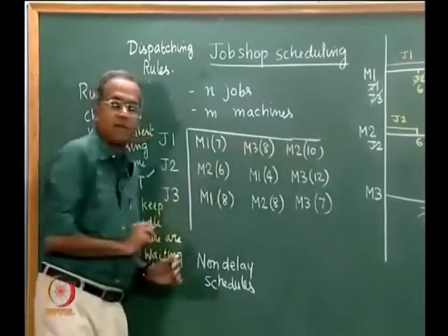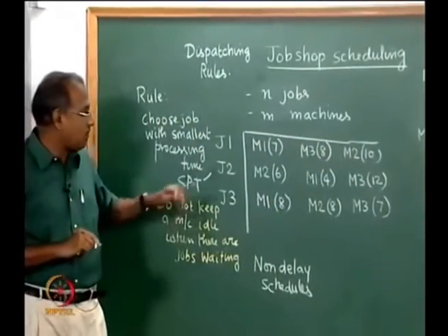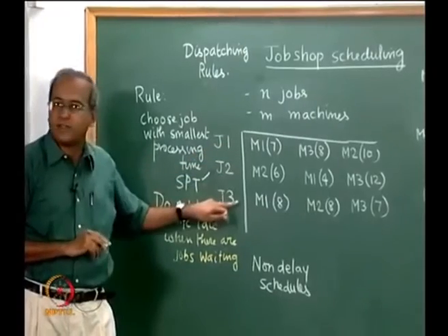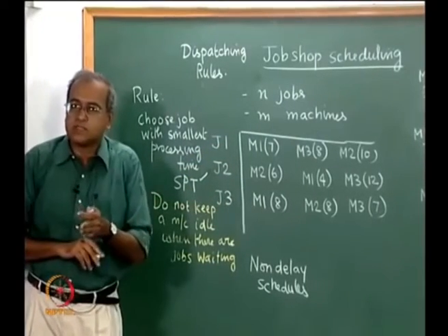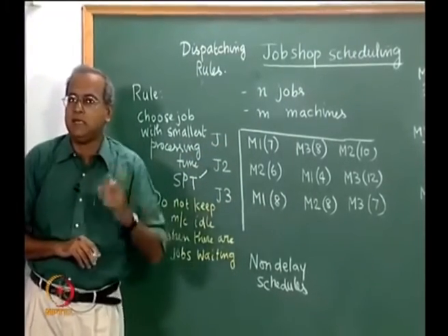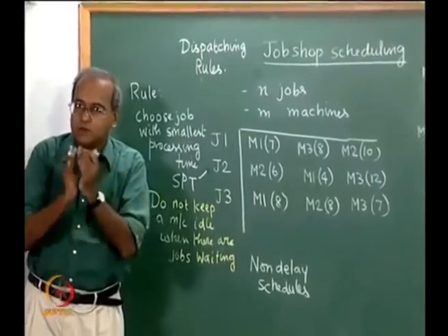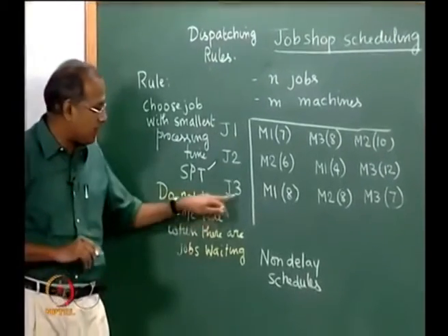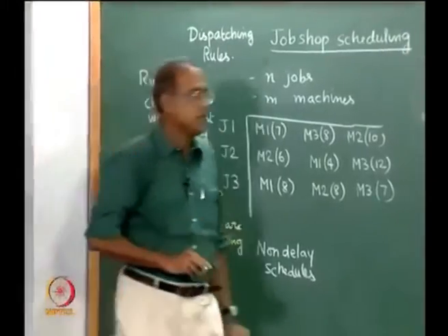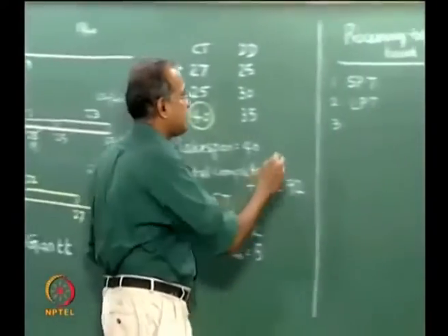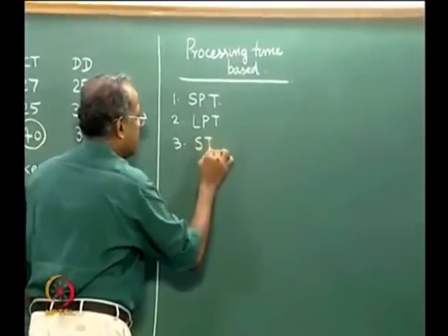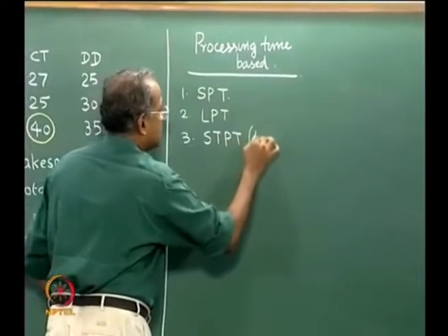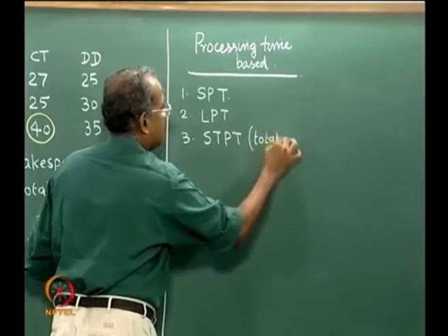So, total processing times are 25 and 23. So, if we used what is called STPT, shortest value of total processing time, we could have picked J3 ahead of J1. So, STPT is another rule that we can think of, shortest total processing time.